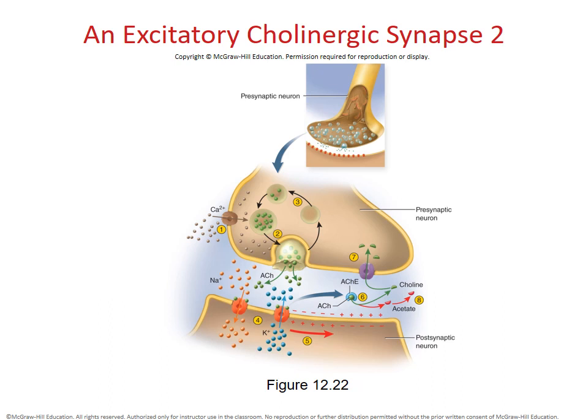And here we see a familiar diagram of the excitatory cholinergic synapse. Remember also, just one added detail, we do have acetylcholinesterase involved, and acetylcholinesterase helps to break down acetylcholine so it doesn't perpetually stimulate the postsynaptic membrane.